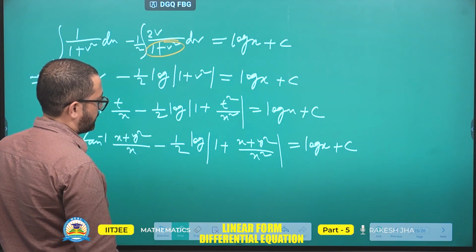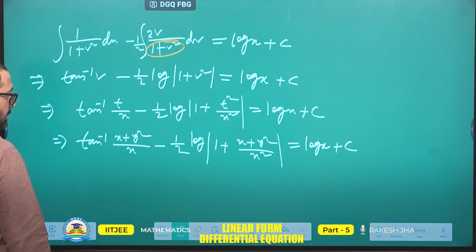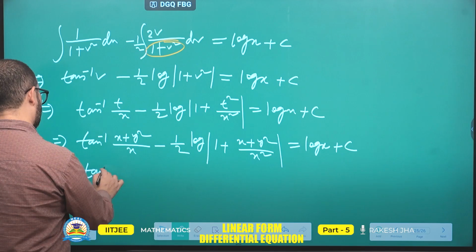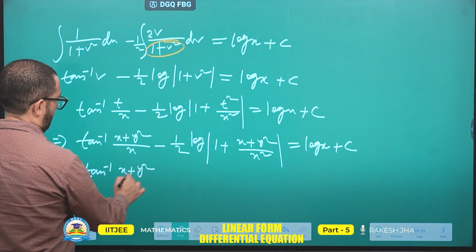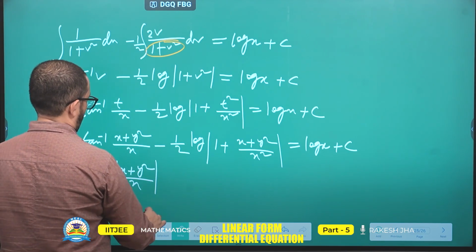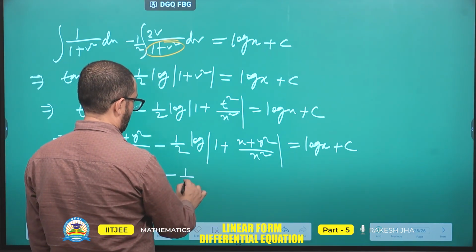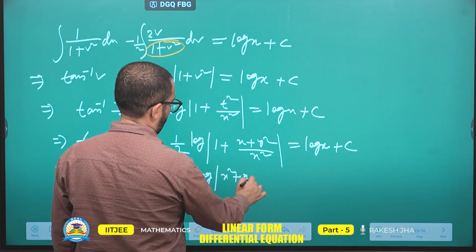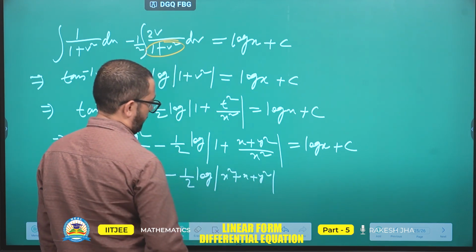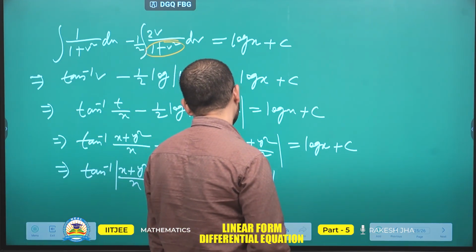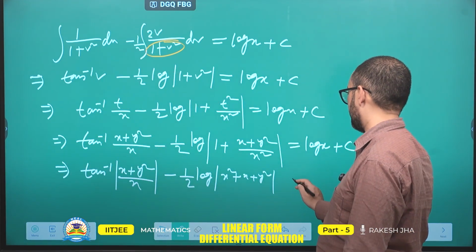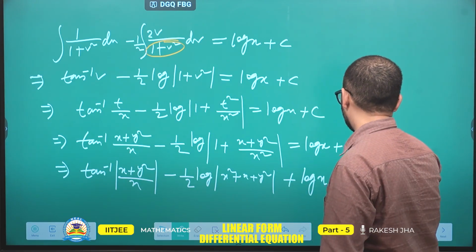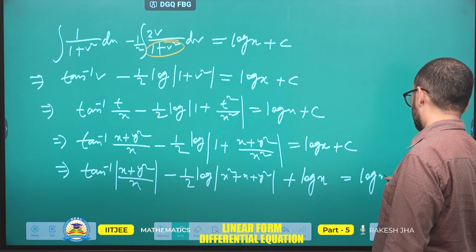Now if you separate it, although it's not required, some portion will get cancelled. So tan inverse (x plus y square upon x), minus half times log (x square plus x plus y square), plus log x is equal to log x plus c.